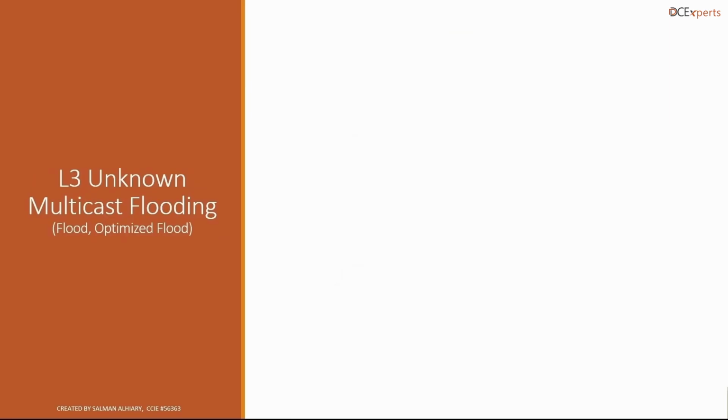The last thing to discuss in this lecture is the L3 unknown multicast flooding. This bridge domain option only affects the IP multicast traffic that has multicast groups unknown to the leaf IGMP snooping and needs to be routed by the multicast router. If you want to learn more in multicast, please refer to the multicast course. Here we have two alternatives, flood and optimized flood.